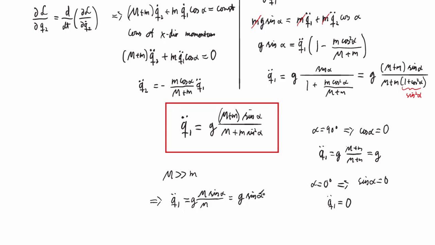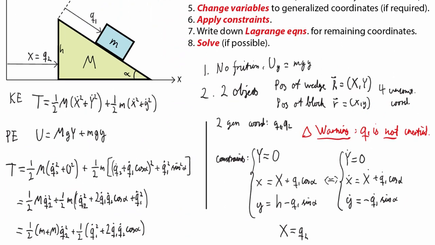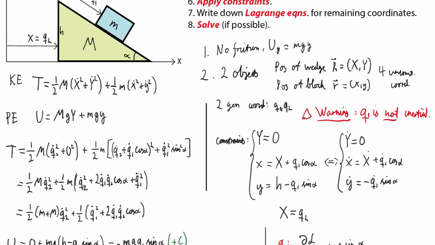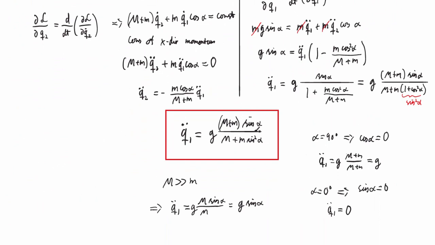That also makes sense, right? If the wedge is stationary, if it's fixed, then the block would just slide down with the acceleration that corresponds to the component of the acceleration due to gravity along the plane of the wedge, and that's going to be just g sine alpha. So that seems to be working too. So odds are this is a good solution, and that's what I'm going to go with.